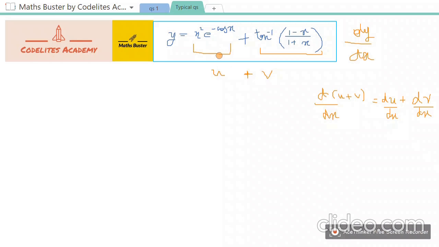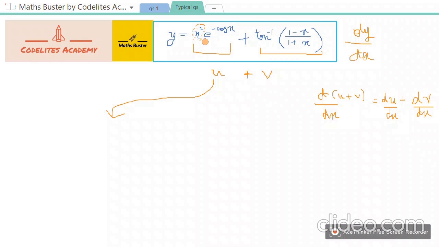So we will take the differentiation of this separately just to make it a little simpler. Again, I can see two types of functions present. How many functions are there? Actually, three. This is your polynomial x square.